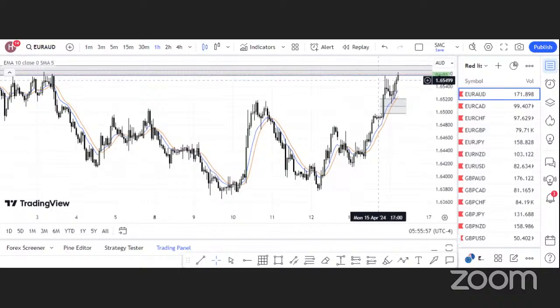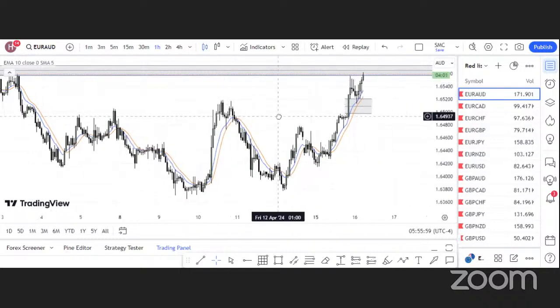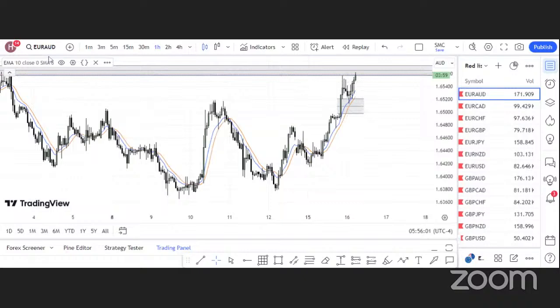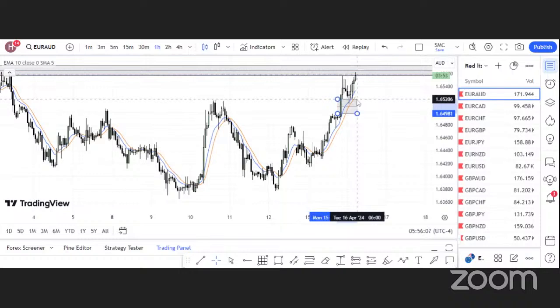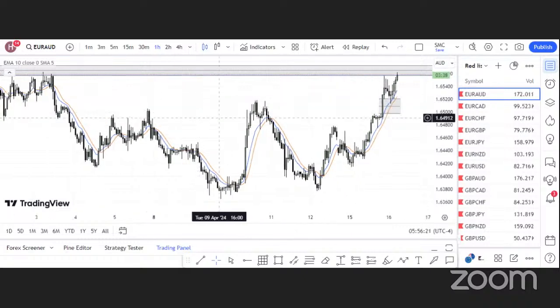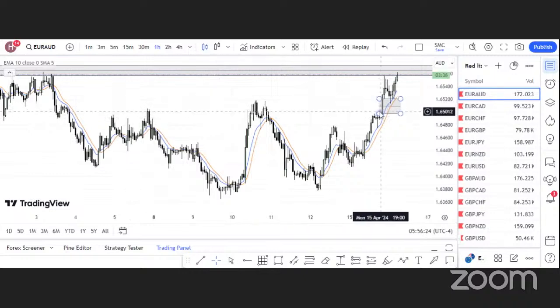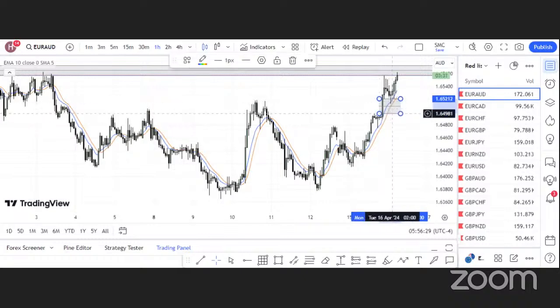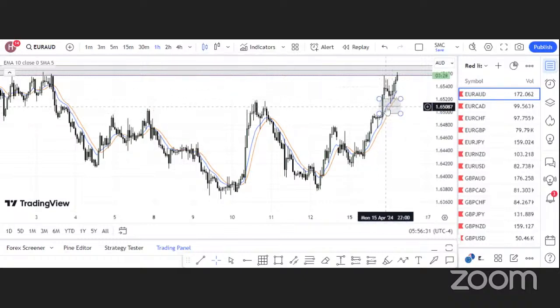All right, so guys, for Euro AUD, we are not going to open a position here, and the reason is because, as you can see, the market came back down to retest this level.